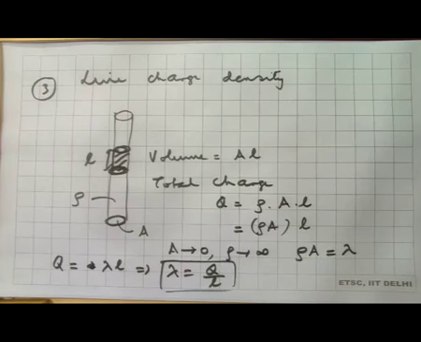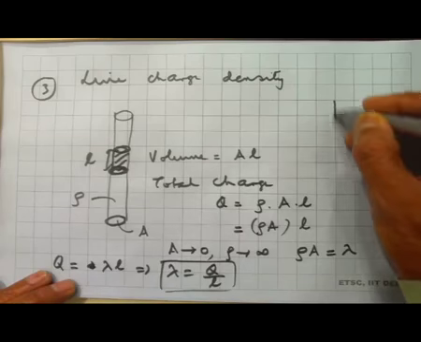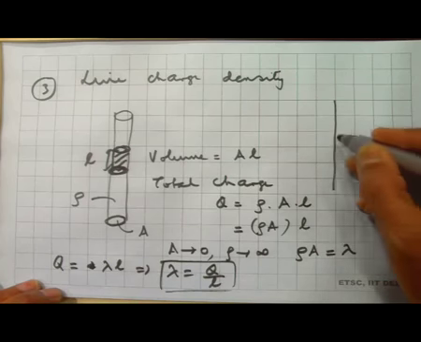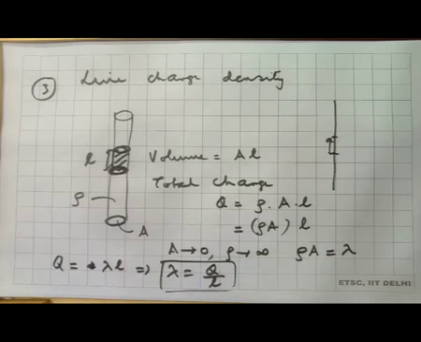So, this is called a line charge. It is a line, and a line has no thickness. So, I take a unit length of this line, and I will find the charge is equal to lambda.